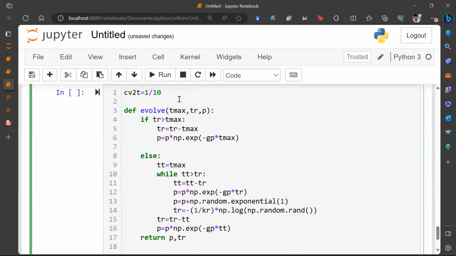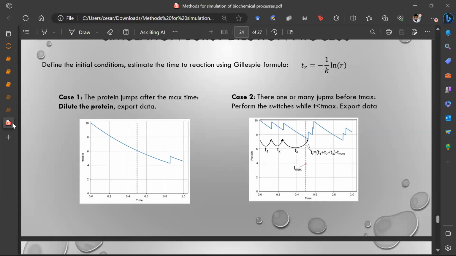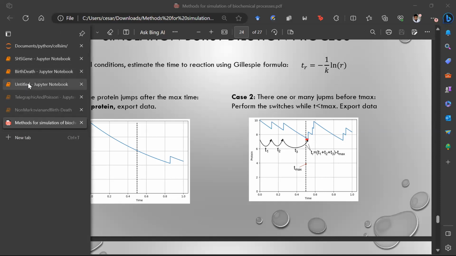I'm going to explain it more or less. Okay, so we define Tmax. We already have to give it the next time to reaction. Remember, it's going to be the remaining time. If I restart a new reaction, I have to give it the time to reaction as a parameter.